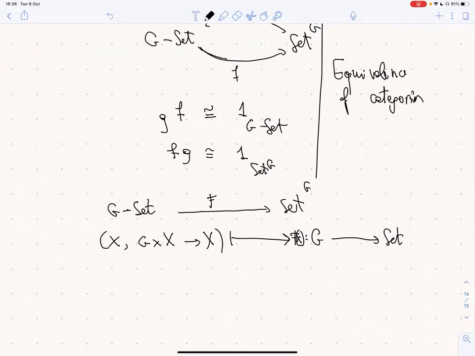So the functor you must choose is the functor that takes this little element. Remember that in G there is only one object, and send it to X.